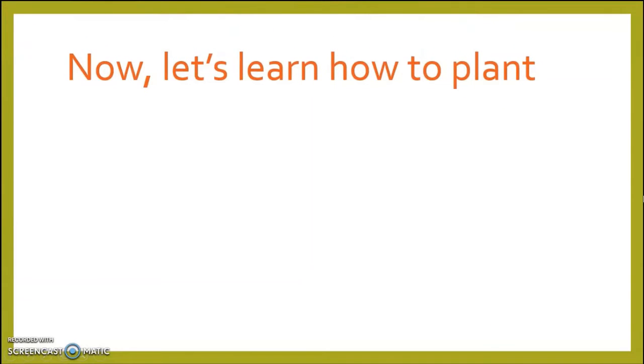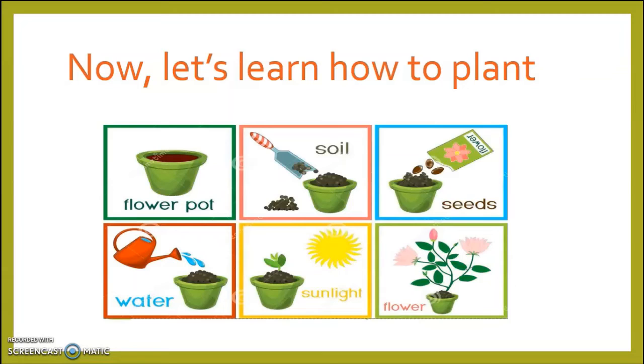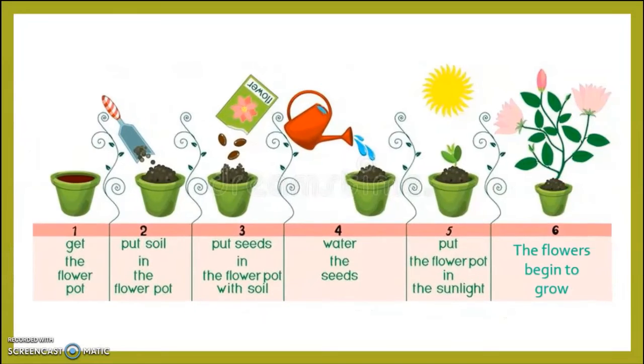Now, let's learn how to plant. This is an example of the planting steps. Yes, it's very easy. Number one, all you need to do is get the flower pot. Number two, put soil in the flower pot.